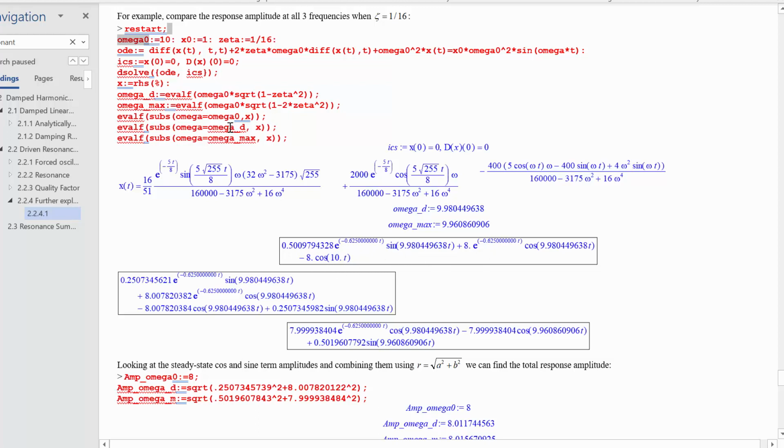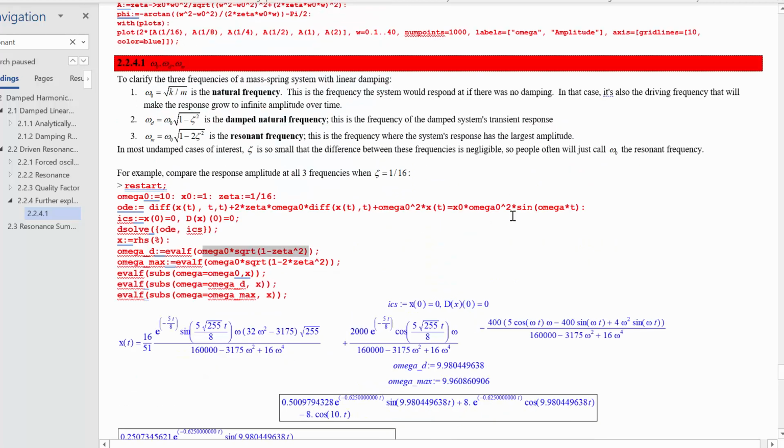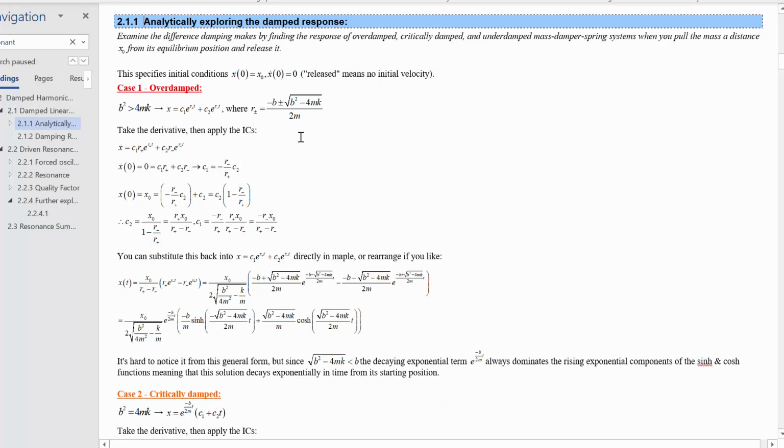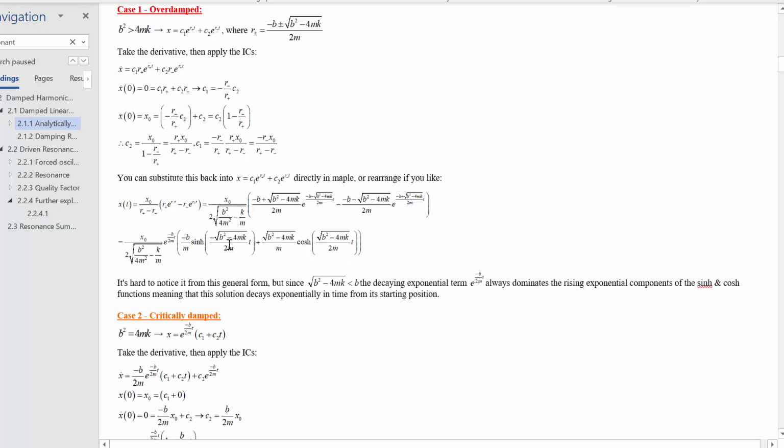When you drive it at omega d, we put in omega d as omega naught root 1 minus zeta squared. That's from the work that we did with omega d. Where that came from is we solved the system analytically, and we found that the transient terms occur at this frequency.